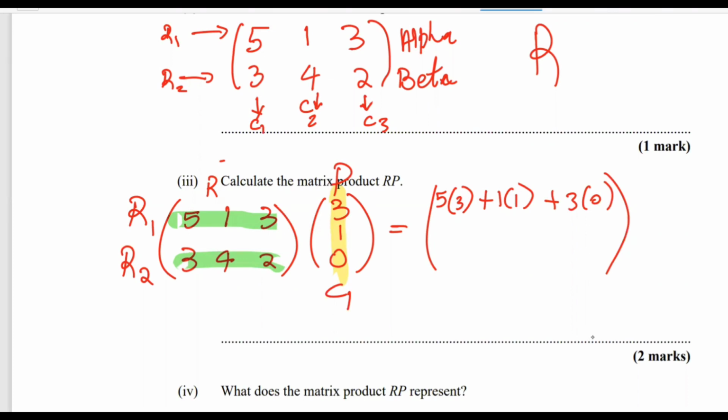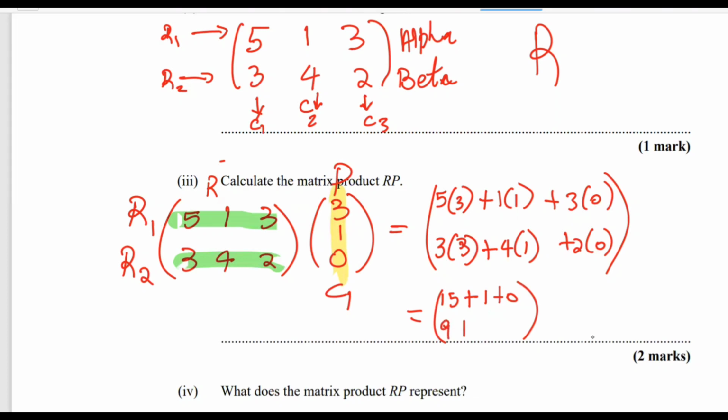Then now row 2 will multiply by column 1. So it's going to be 3 times 3 plus 4 times 1 plus 2 times 0. And then finally, the numbers: we're talking about 15, plus 1, plus 0. And then underneath, you have 3 times 3 is 9, plus 4, plus 0.